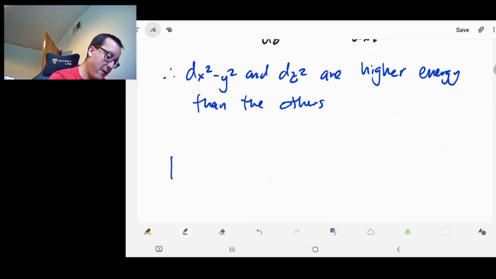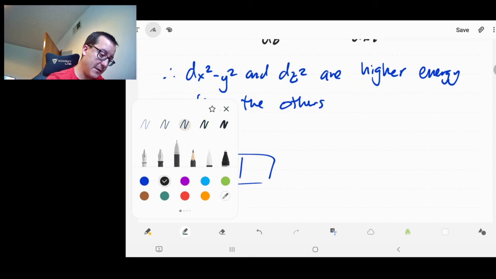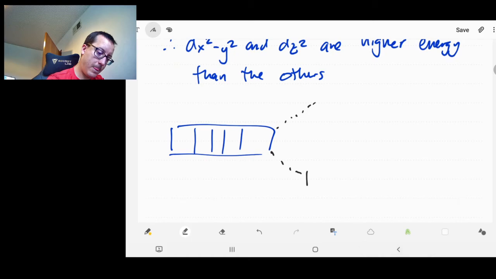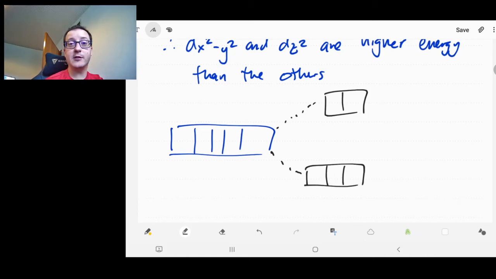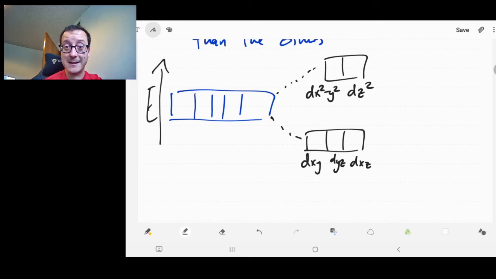So what you normally have as your 5d orbitals, you actually will split into two groups here. So you have these two orbitals, the higher energy ones up here. So here's our energy. This will be xy, yz, xz. Those three will be degenerate with each other, the same energy.